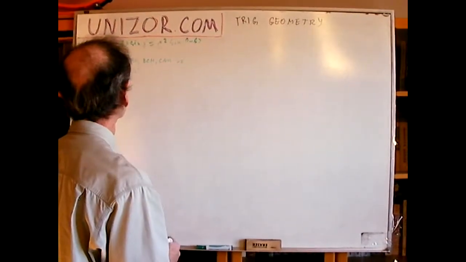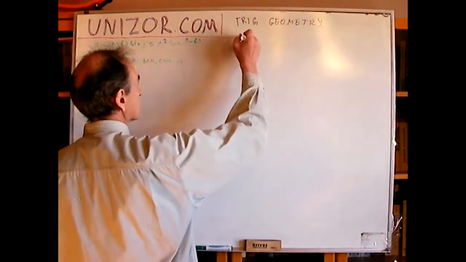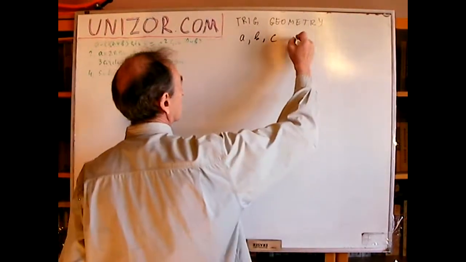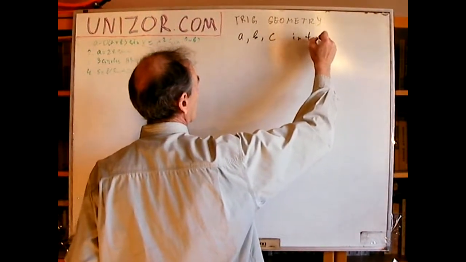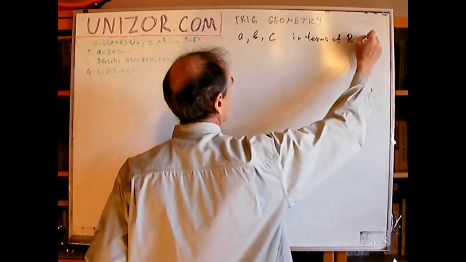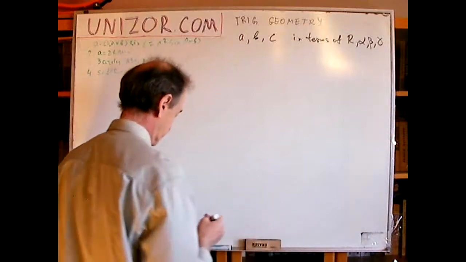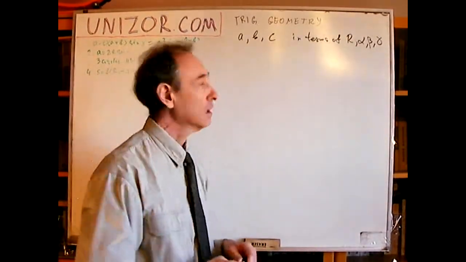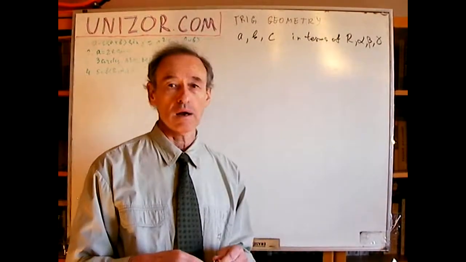Next problem. Okay, express A, B, and C in terms of R, alpha, beta, and gamma. R is the radius of the circumscribed circle, and alpha, beta, and gamma are angles, obviously.